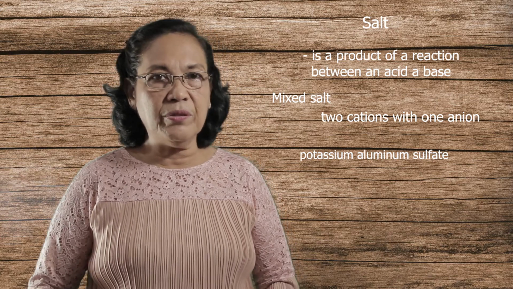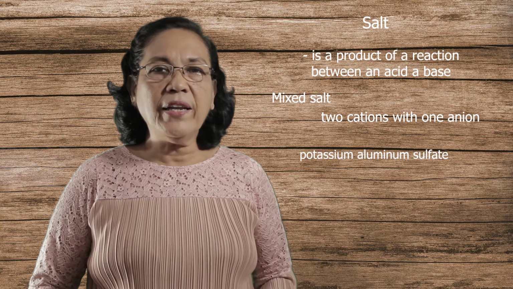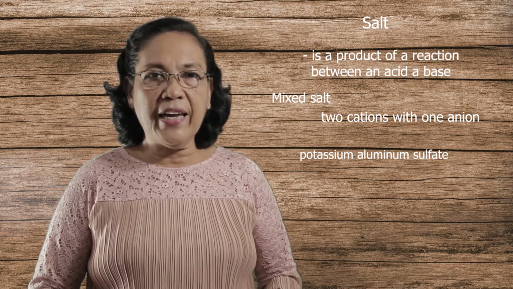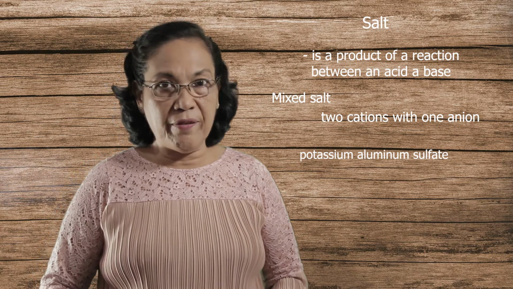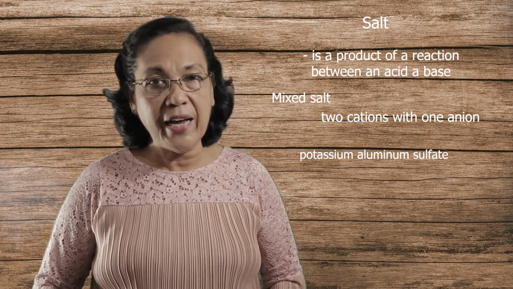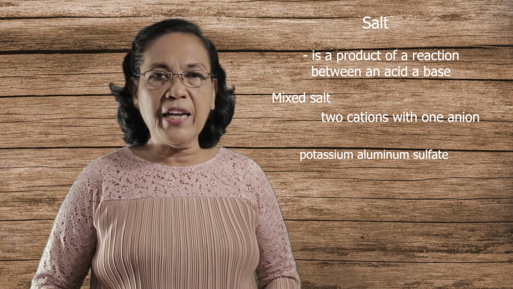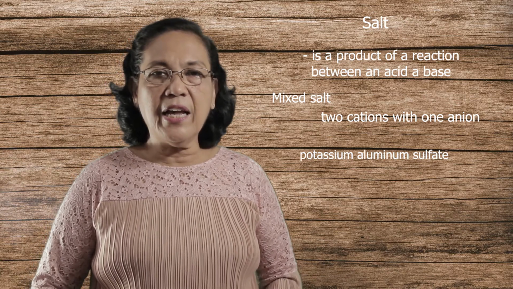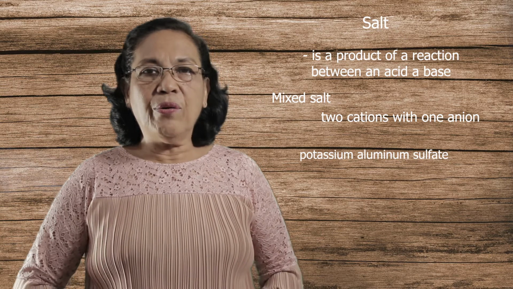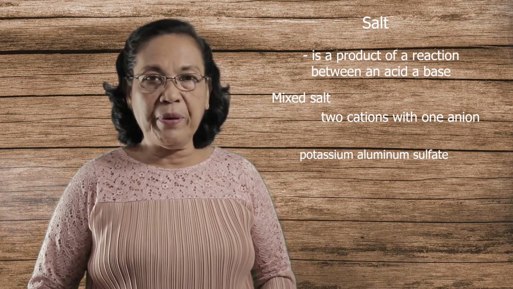So it goes to K. While the total charge of K and Al, which is 4, will go to the sulfate polyatomic anion. So the formula now becomes K2AlSO4 subscript 4.